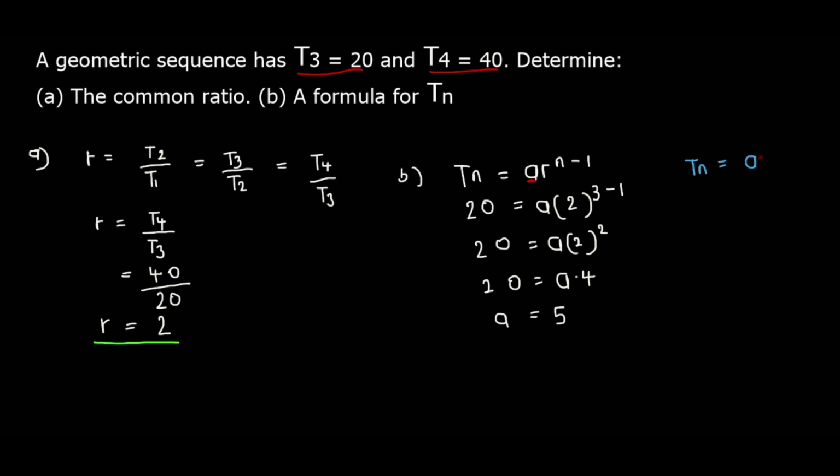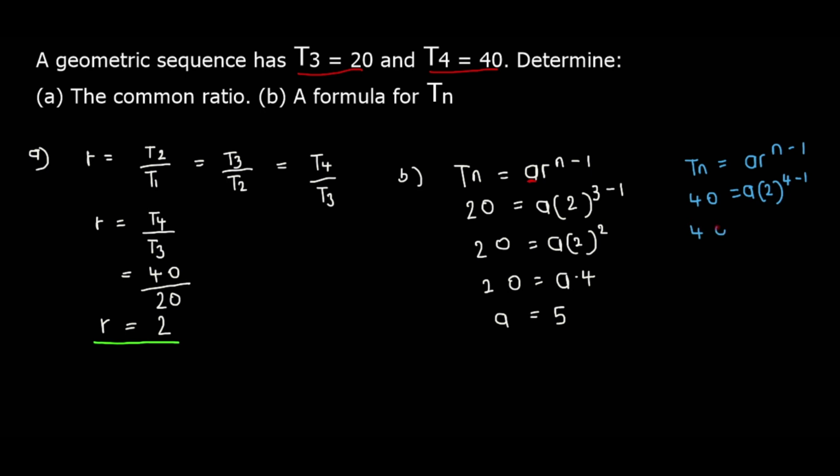Tn is equal to A R to the exponent n minus 1. So Tn can be 40. And then A, remember, and then R is 2. And because 40 is in term number 4, this means for n it will be 4, so 4 minus 1.